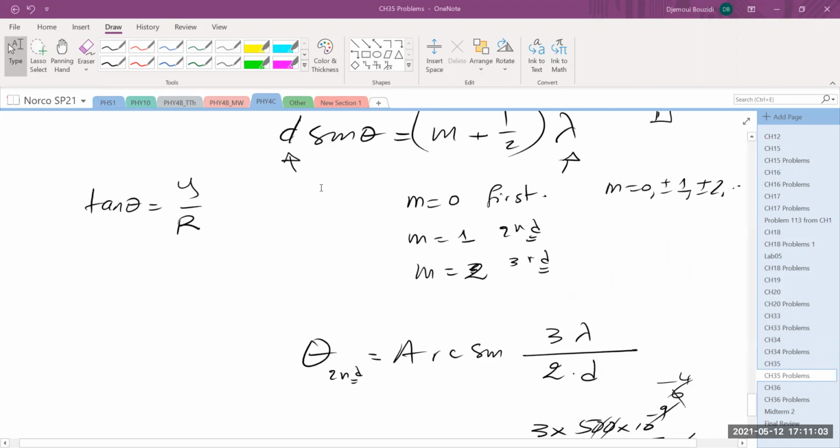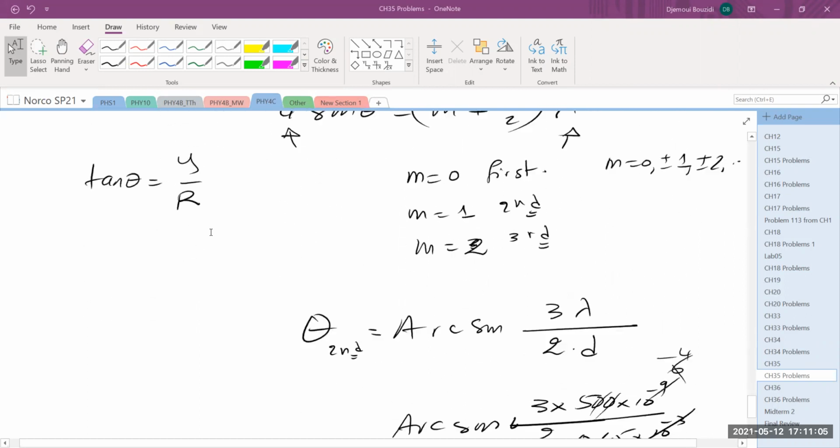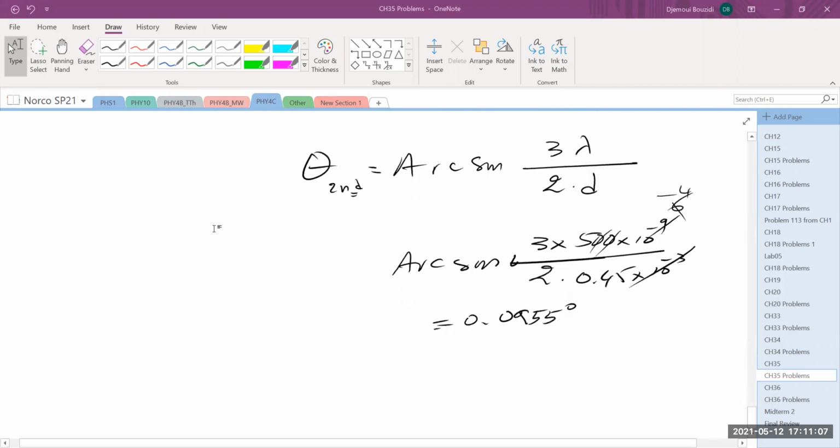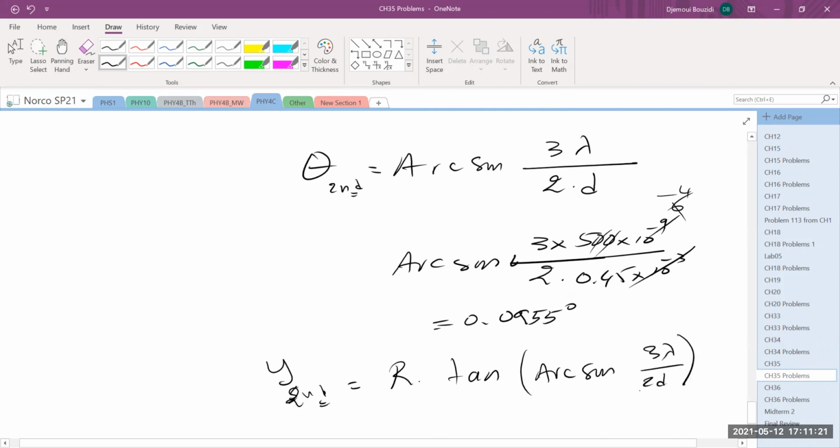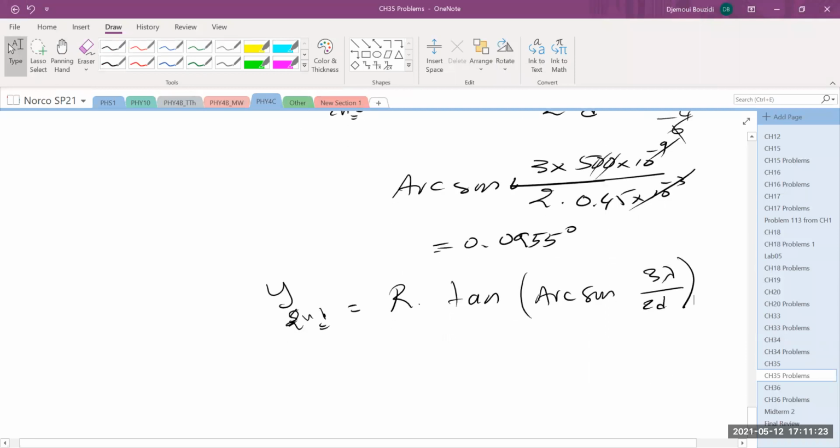So in other words, what I really need is the y for the second. The y for the second is going to be equal to r times the tangent of the arc sine of 3 lambda over 2d. That is basically the expression that I'm looking at.